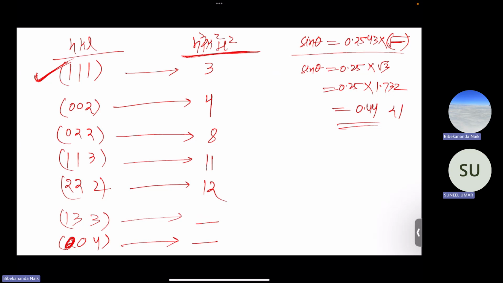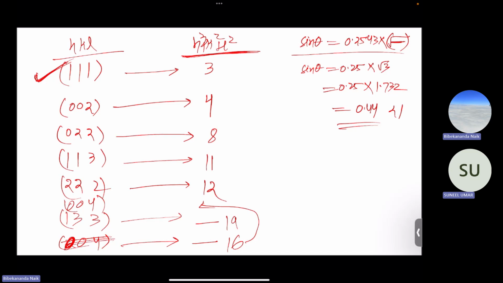Exactly, because 004 gives 16, but here it is 9 plus 9 plus 1, that is 19. So 16 will come after 12 and then 19. So 004 will come here, not here.